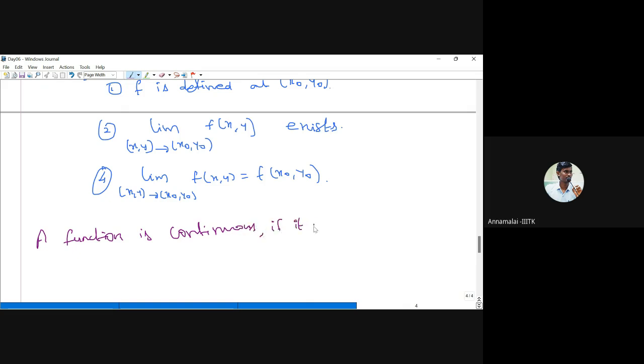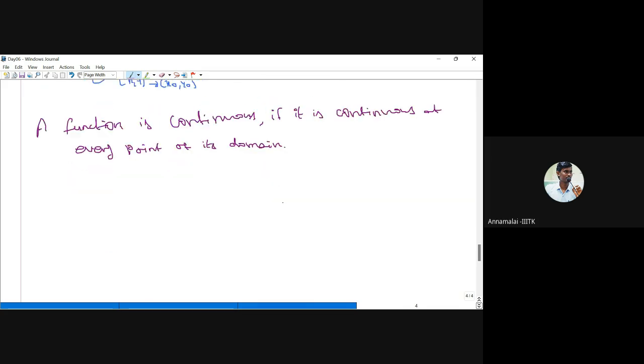If it is continuous at every point in the domain, continuous at every point of its domain. And then we can use the chain rule also, but anyway, we'll discuss some examples.